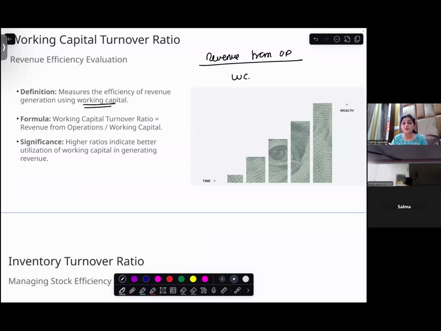This is going to give you your working capital turnover ratio. What is working capital? Working capital is current assets minus current liabilities.